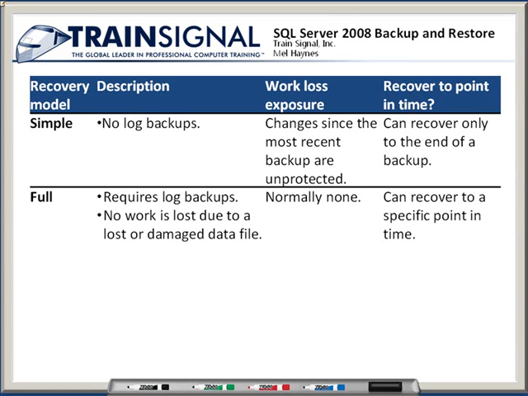So if your database is corrupted or goes up in flames, or somebody makes a catastrophic data change and just corrupts all kinds of numbers and values in the data, right? You can restore the database to the point just before that action happened, or just before the catastrophe or the fire or whatever. You can go right back. So your work loss exposure with the full recovery model ideally should be none.